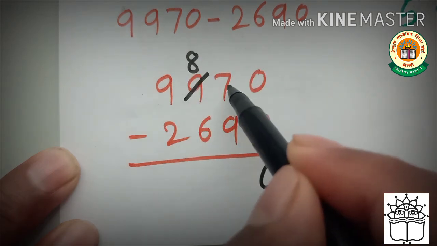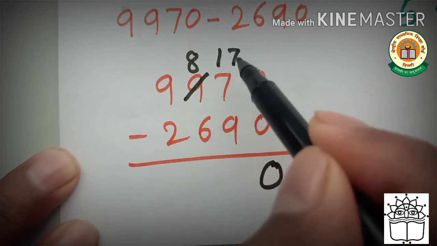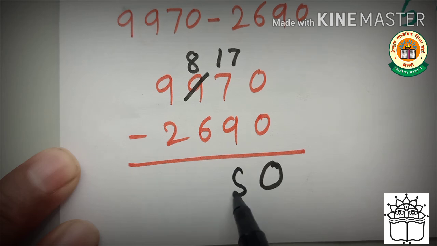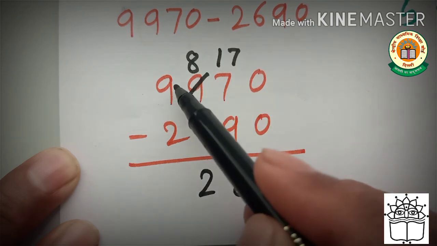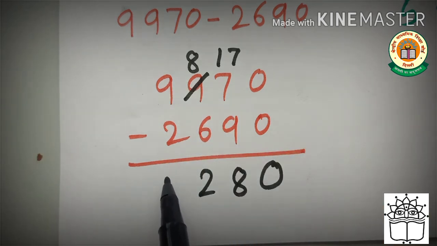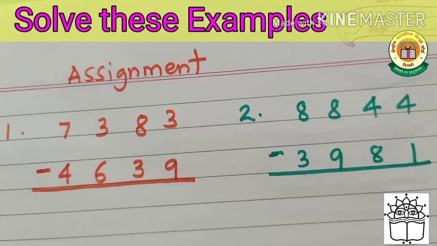So here will remain 8 and here will become 10 as a borrow, and this 7 will become 17. So 17 minus 9, there will be 8. Then 8 minus 6, there will be 2. And the last one is 9 minus 2, there will be 7. So our answer is 7280.